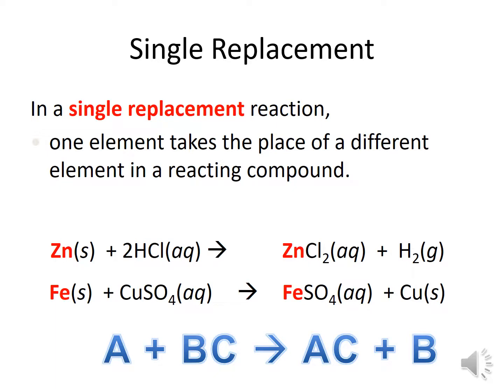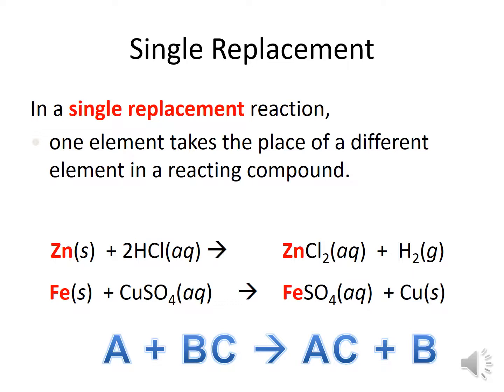In a single replacement reaction, one element takes the place of a different element in a reacting compound. Zinc is a fairly active metal. It will react with an acid such as HCl. The zinc will replace the H in HCl, making zinc chloride.